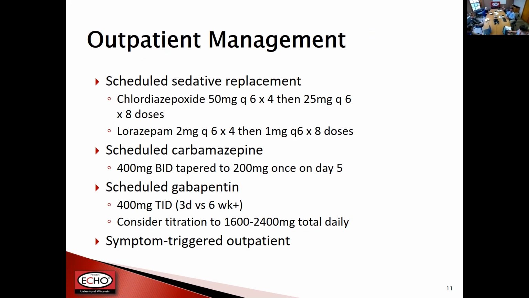There is some room for practice variation along these lines. Chlordiazepoxide or Librium, you see an example regimen that appears here. This is one of the very long half-life benzodiazepines, so akin to diazepam or Valium so far as having a very long half-life.